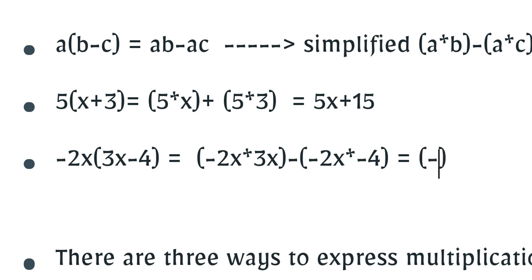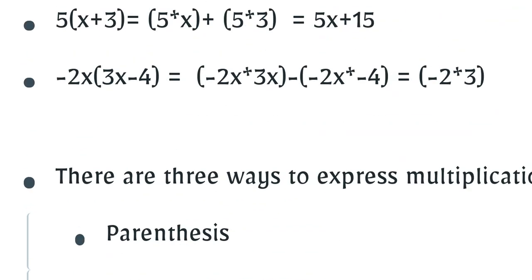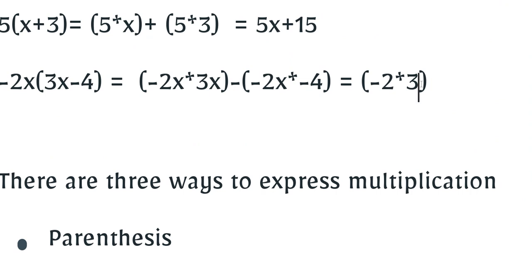We have negative 2 times 3, because you're just grouping like terms. Remember, that's a rule. Anytime you want to solve something, you should group like terms. So we're grouping the negative 2 and the 3, then multiplying the other like terms, x times x.